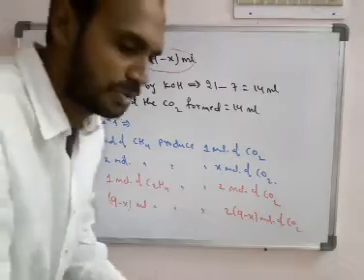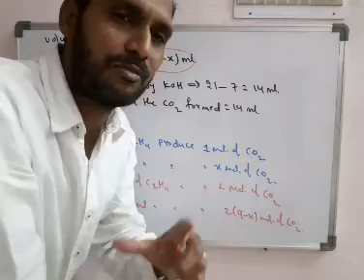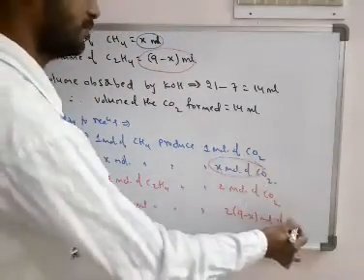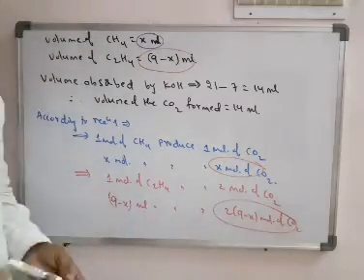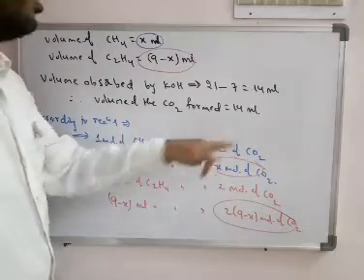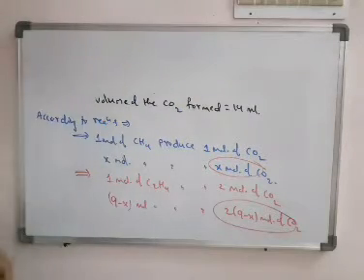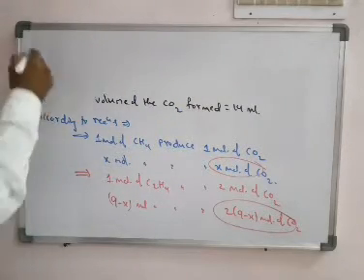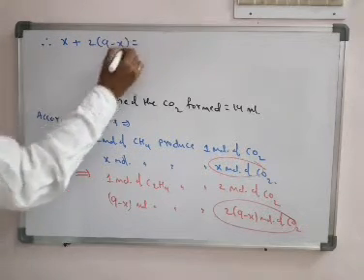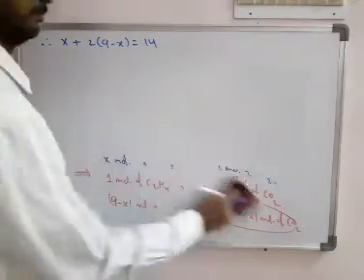We are taking milliliters directly as moles with the help of Avogadro's law. So X moles of CO2 is released from methane, and 2 into 9 minus X moles of CO2 is released from ethene. With the given information, the volume of CO2 formed is 14 milliliters. So we can write the step: X plus 2 into 9 minus X equals 14.